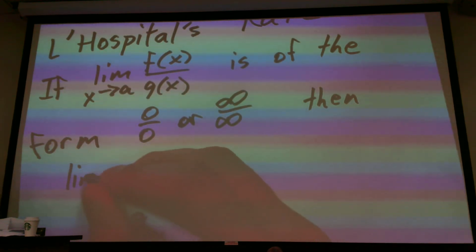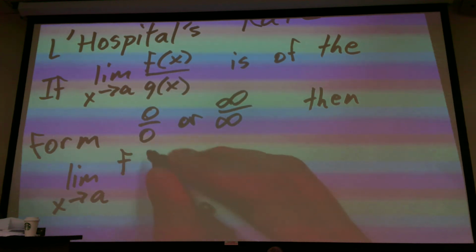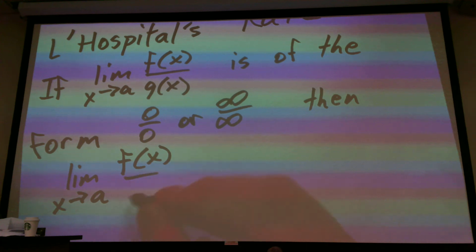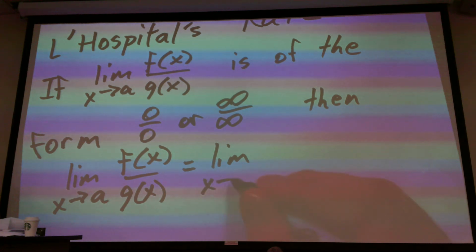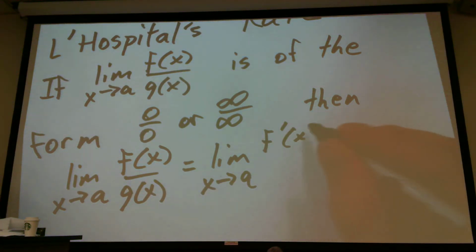The limit as x tends towards a of f of x divided by g of x is going to equal the limit as x tends towards a of f prime of x divided by g prime of x.